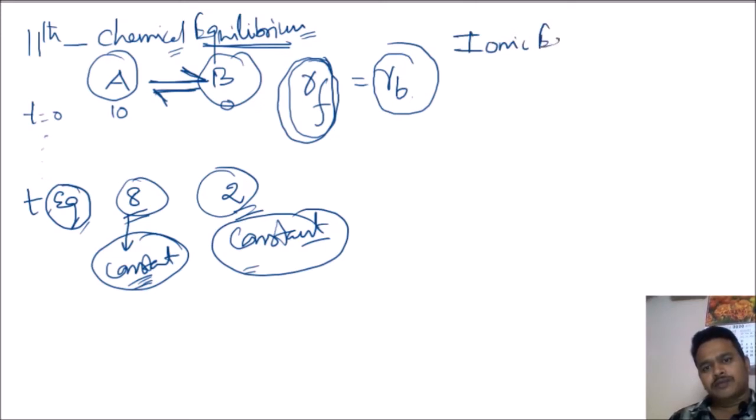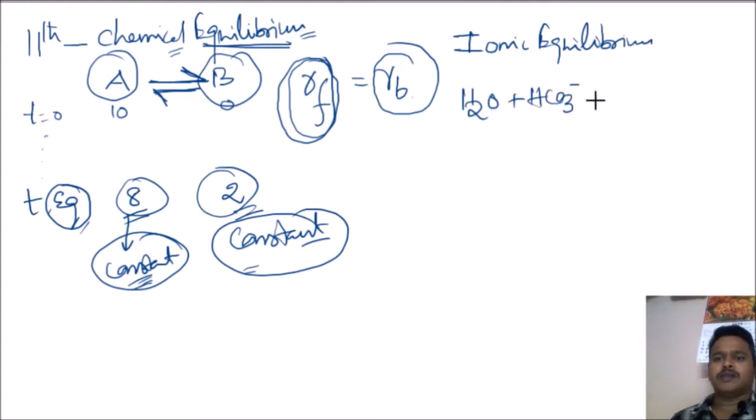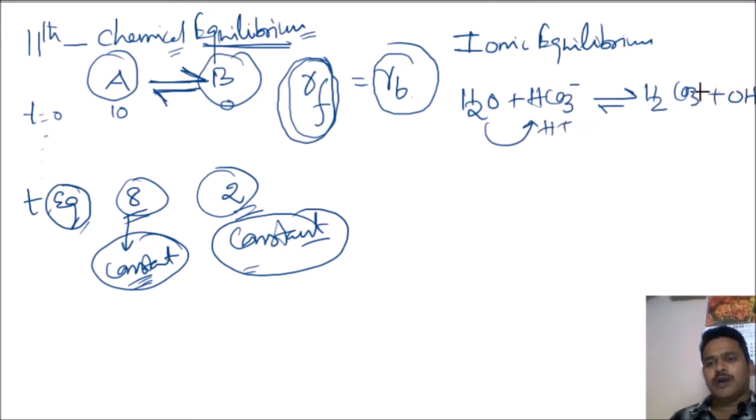Here, in ionic equilibrium, ions are involved. For example, take H2O and HCO3 minus. Here what happened? H plus is being given, so it is forming H2CO3 and OH minus.